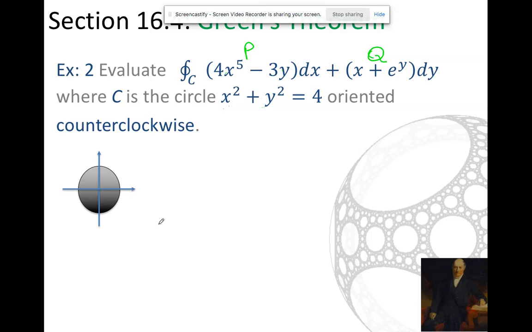So this is P and this is Q. Using Green, Green says the line integral is equal to the double integral of the region, which is dx dy.